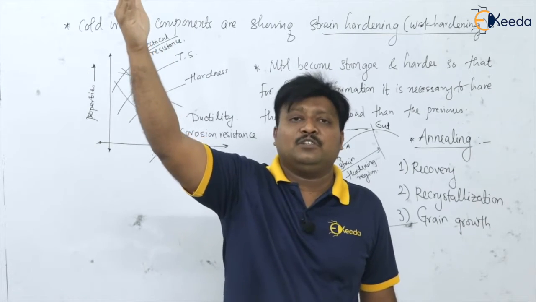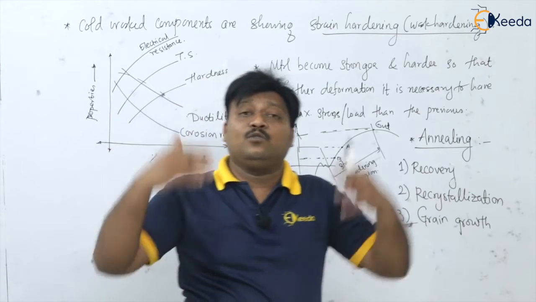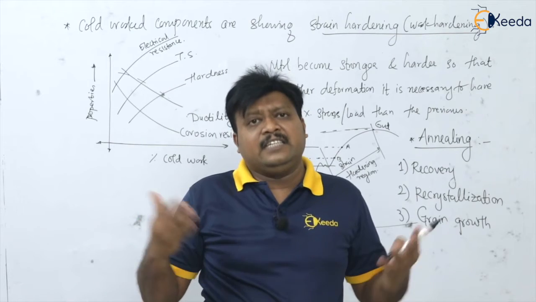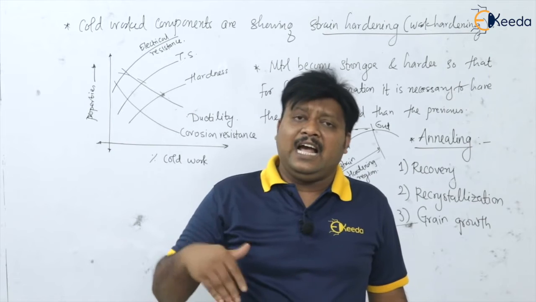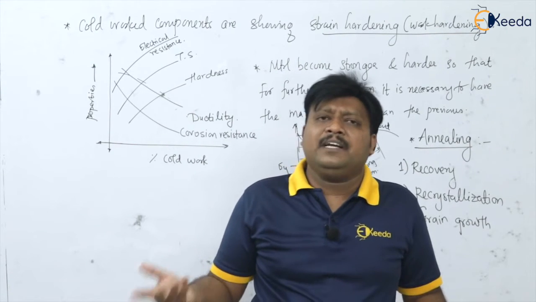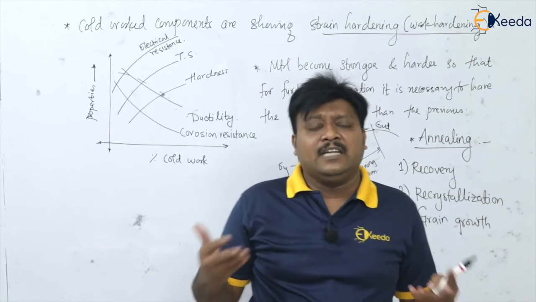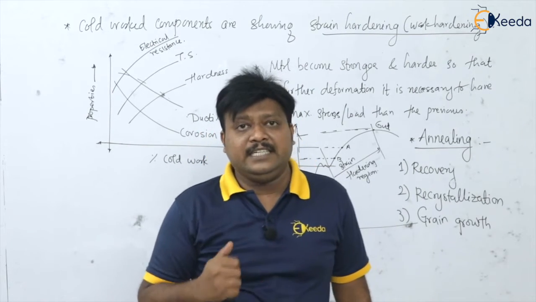As temperature goes on increasing, the grains grow, and when the grain size is increasing, the ductility of the material goes on increasing, and if ductility is increasing then definitely deformation will increase. We get the maximum deformation, that is, we have good formability, isn't it?